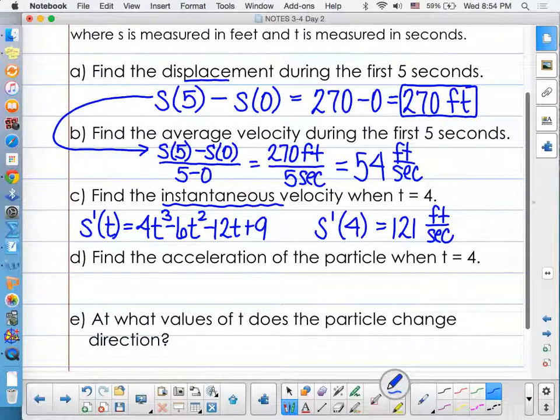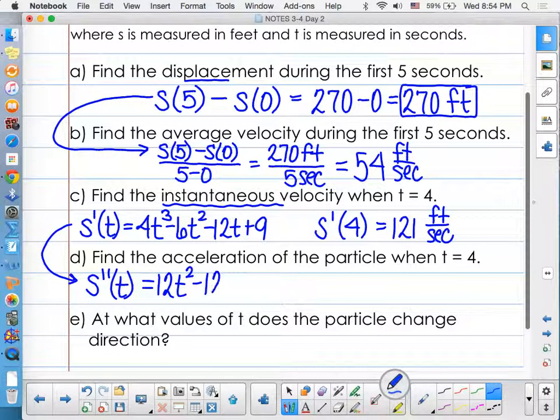Then it asks for acceleration. We said acceleration is the derivative of the velocity function. So it's the second derivative of the position function. So going and doing a second derivative means basically from the first, we need to do the derivative of it. So we're looking at 12t squared minus 12t minus 12, taking the derivative using those polynomial function rules.